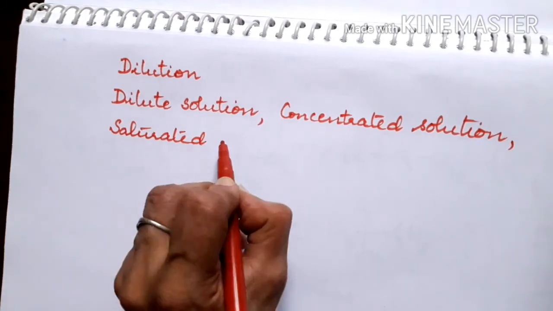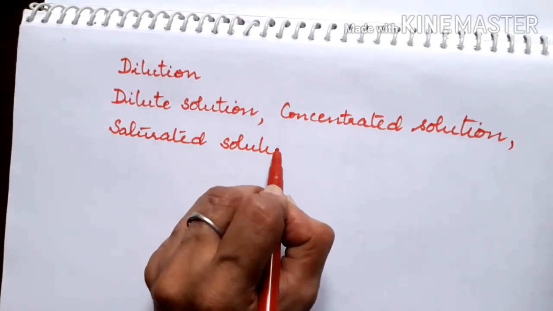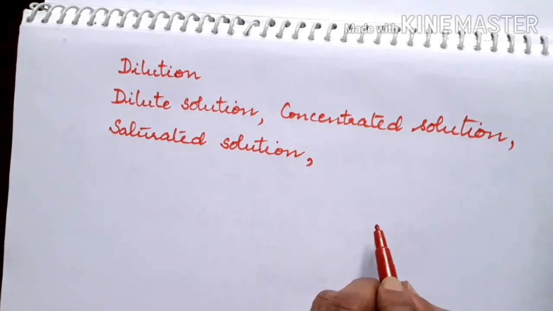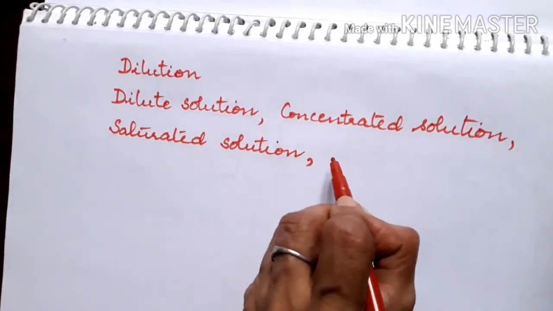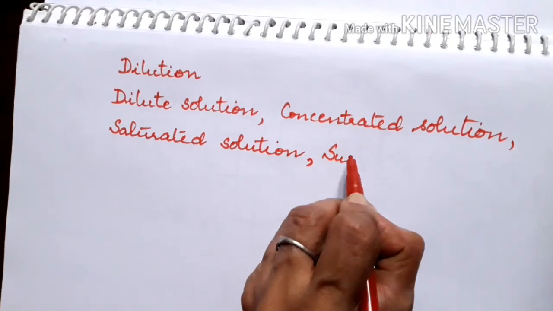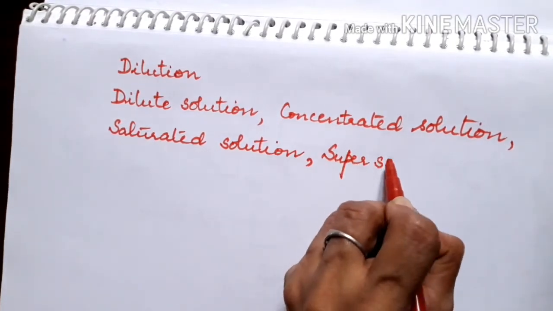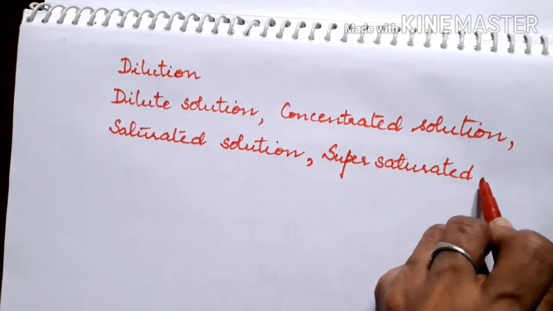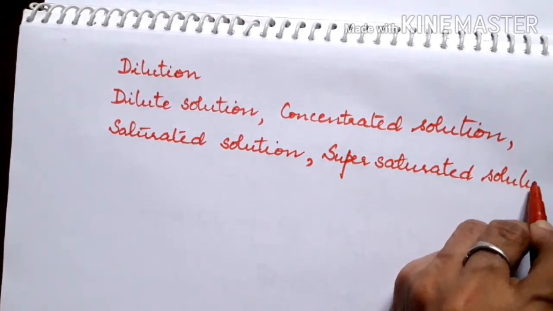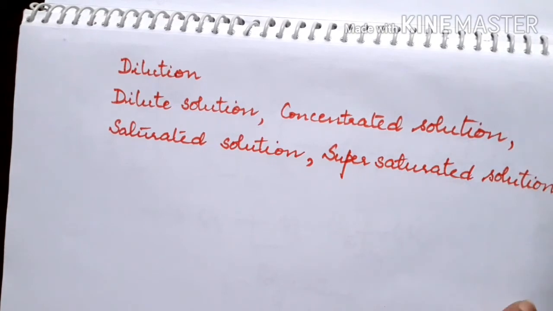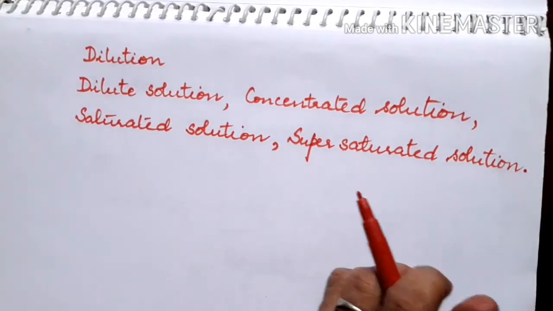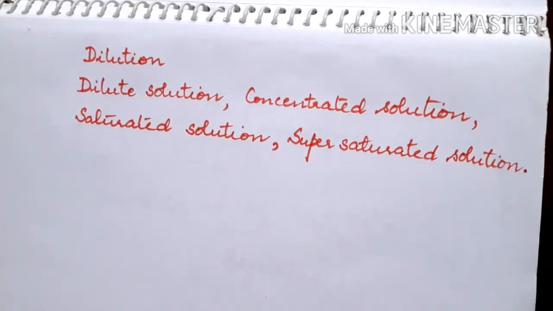Saturated solutions are those in which the maximum amount of solute is dissolved at a particular temperature, and then we have what is called a supersaturated solution. This solution is got once saturation has been attained at a particular temperature and we force more solute to dissolve in it by raising the temperature of the solution.